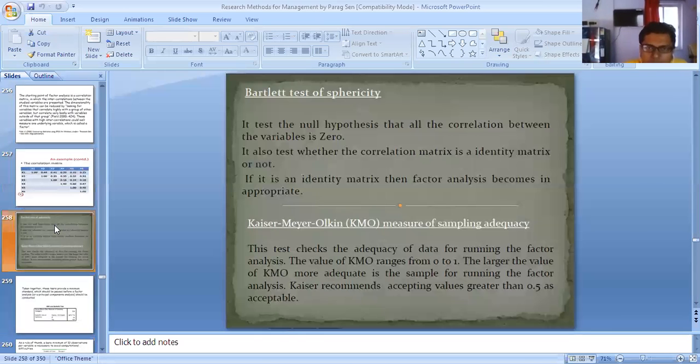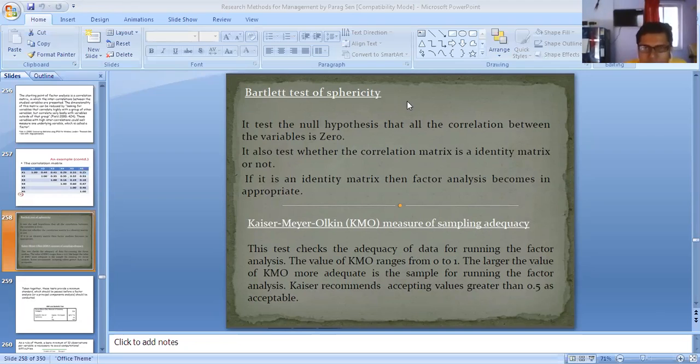Now we will perform two tests simultaneously. These are very important because they tell you whether your data is appropriate for performing factor analysis, be it confirmatory or exploratory. One is Bartlett's test of sphericity, and the other is the Kaiser-Meyer-Olkin measure of sampling adequacy, or KMO test.